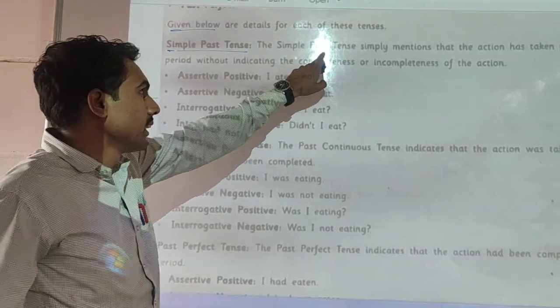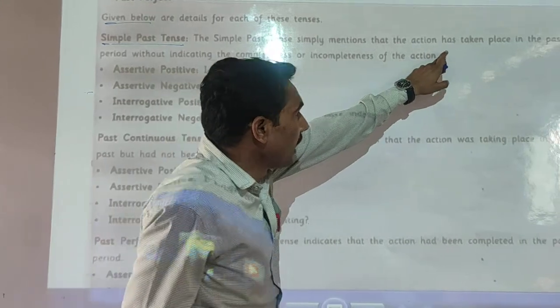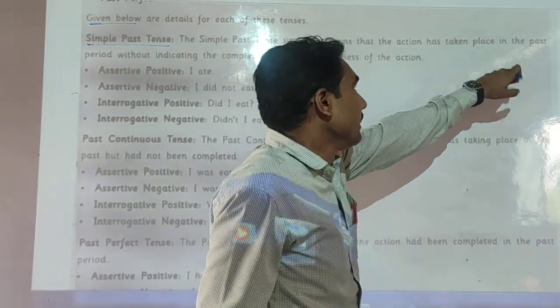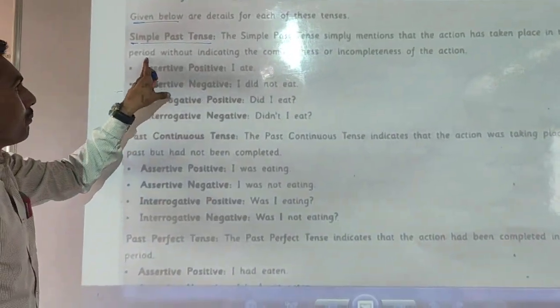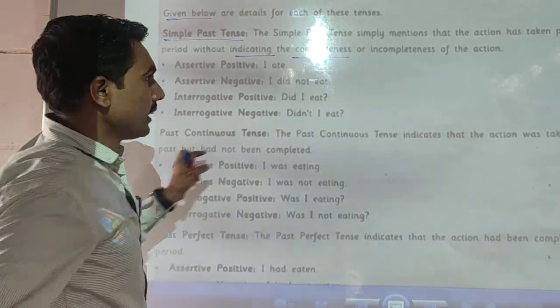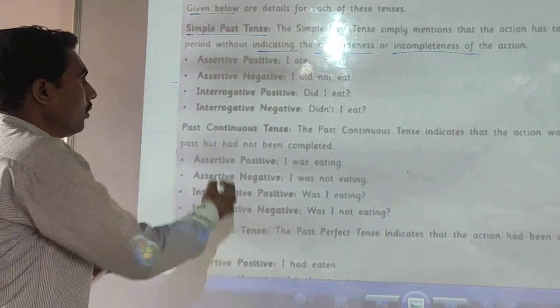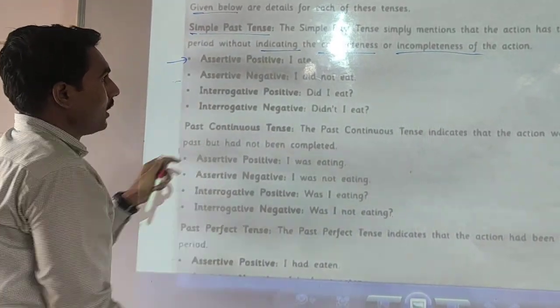The simple past tense simply mentions that the action has taken place in the past period, okay, without indicating the completeness or incompleteness of the action. Look here, here is one example. I ate.